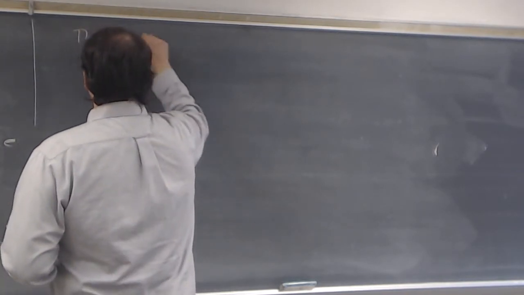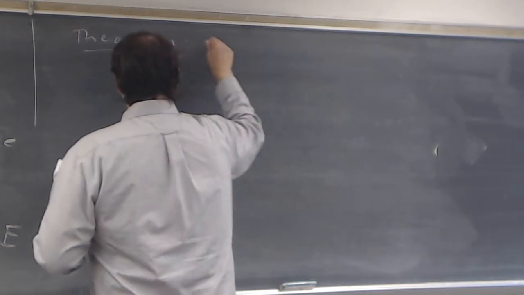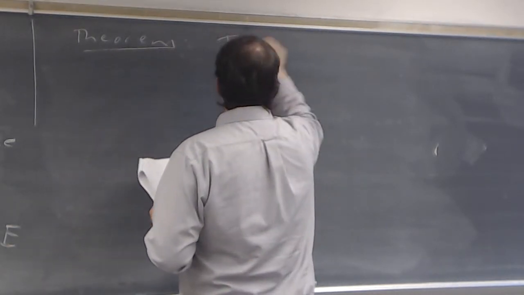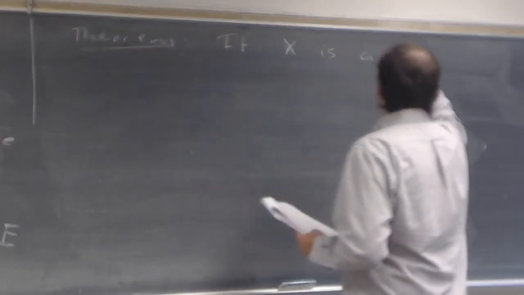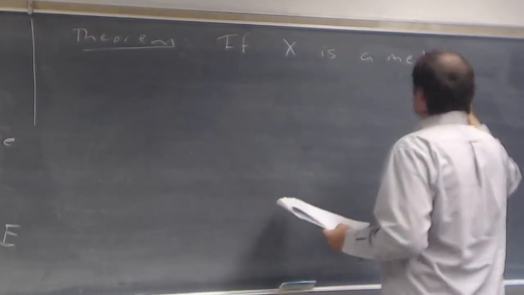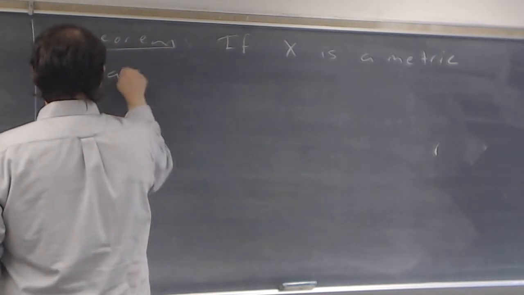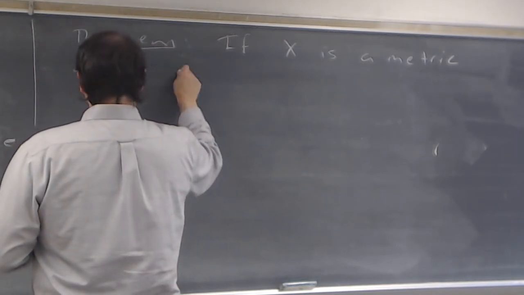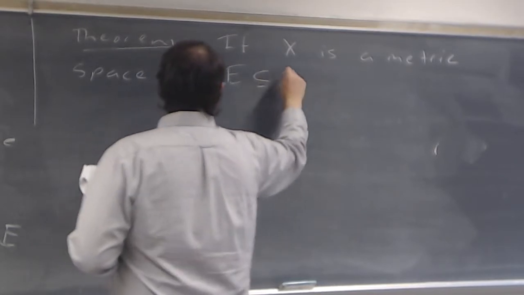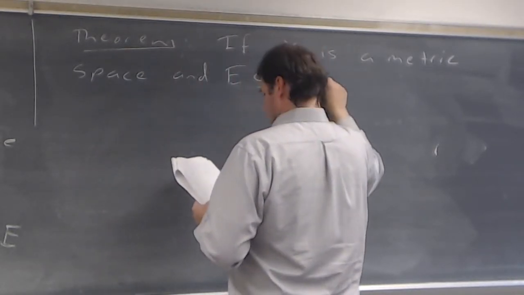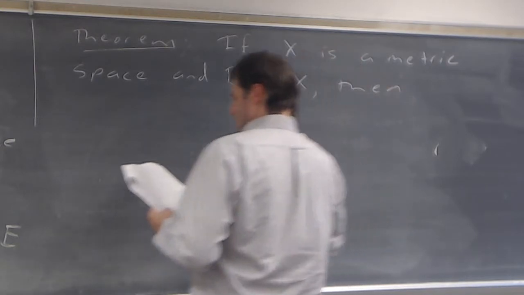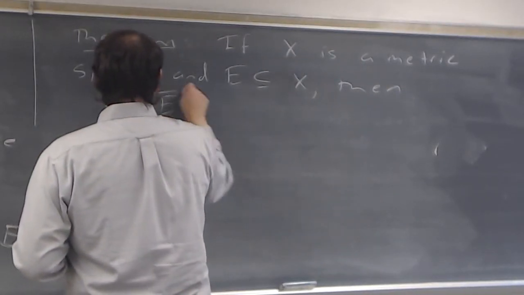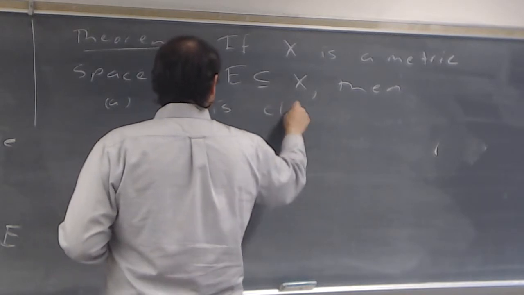Next thing I want to do is say several facts about E closure. We'll wrap it up in one theorem here, but the theorem has several parts. It says if X is a metric space, and E is a subset of X, then first, E closure is closed.